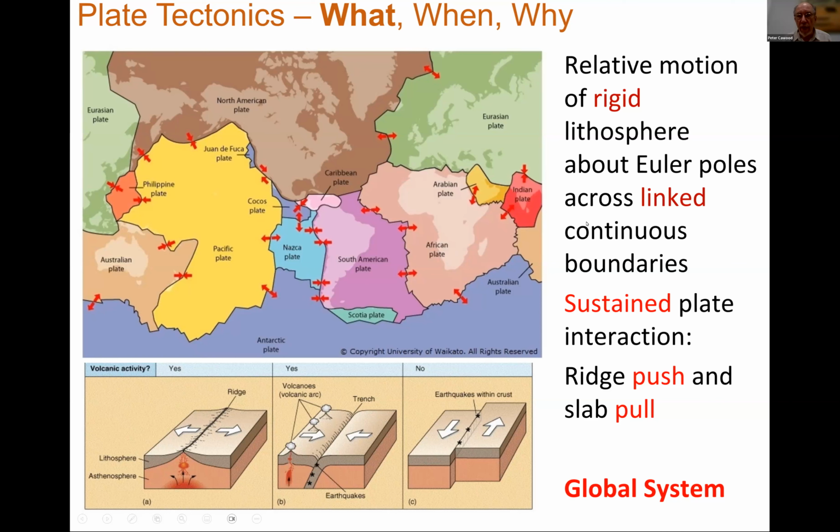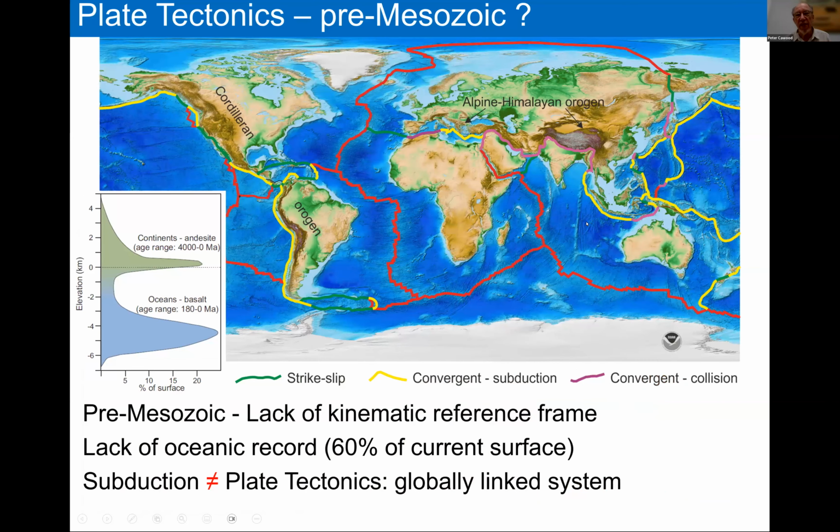The problem with that definition is that it's a kinematic definition, all right? And as we move backwards in time, sure, we can extrapolate that kinematic definition through the Cenozoic into the Mesozoic, but it's largely tied to the presence of oceanic lithosphere.